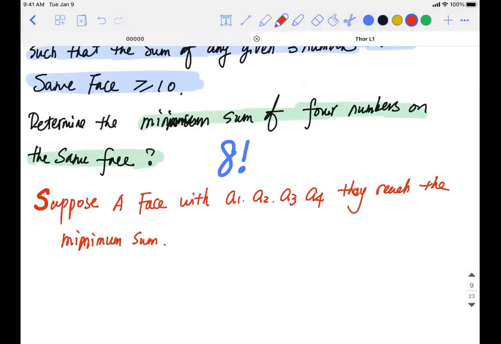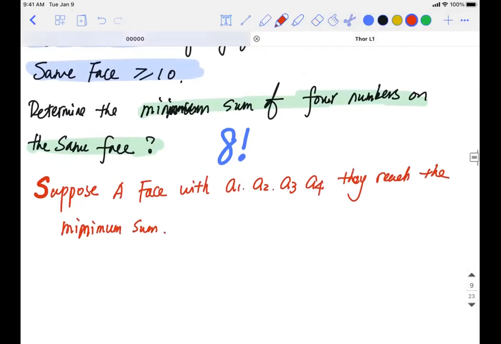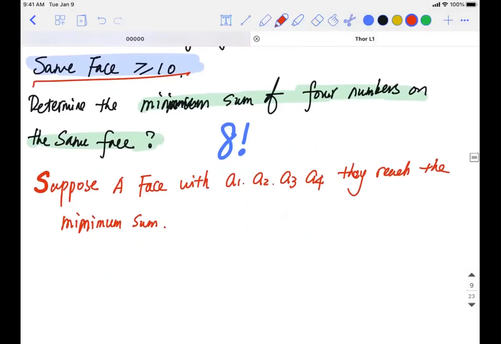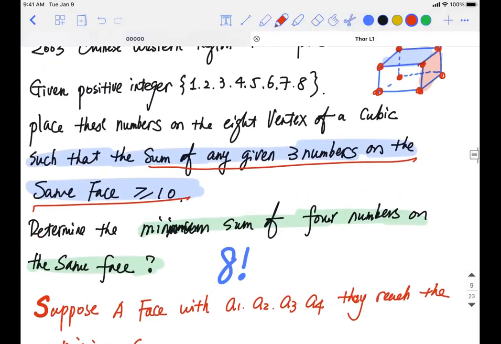This face has 4 numbers, and they somehow reach the minimum. The question says the sum of any given 3 numbers on the same face must be greater than or equal to 10. To make my life easier, let A1 < A2 < A3 < A4. The face has 4 numbers, their total sum is the minimum, and A1 < A2 < A3 < A4. Does it make sense? Because A1, A2, A3, A4 must be different, right? They come from these 8 different numbers.